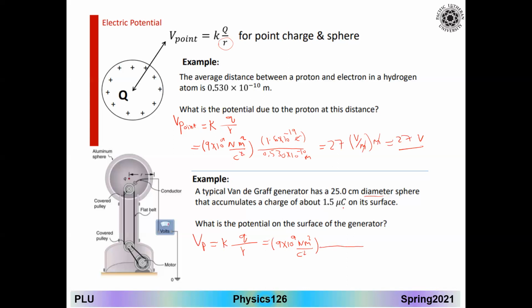Times the charge that we're given, 1.5 times 10 to the minus 6 coulomb, divided by R. Be careful with this one, it is the diameter, so I have to divide it by 2. So basically 0.25 meter divided by 2. You end up with 1.1 times 10 to the 5 volts.